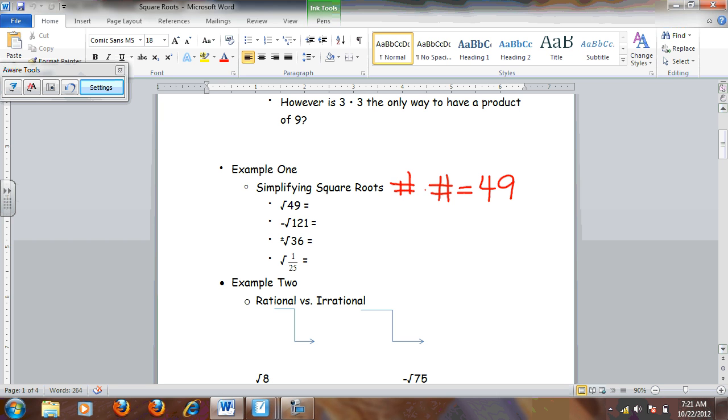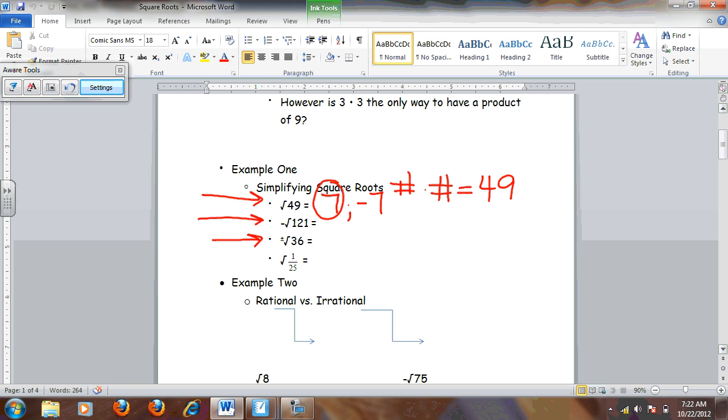You should be saying 7. Now, you might also say -7, and that is true. However, I want you to look at this problem and this one. When there is not a sign in front, typically we're just looking for the positive result.